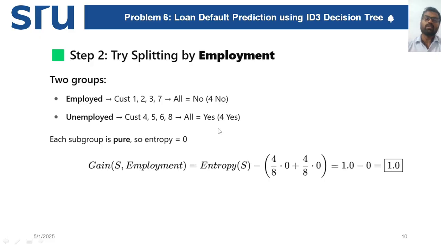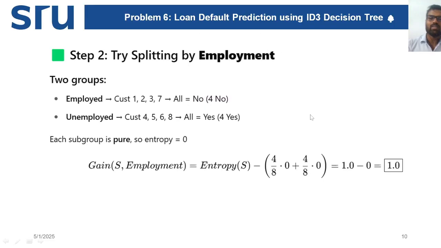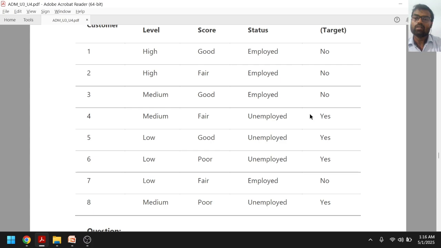All employed are no, and all unemployed are yes. If any of them were different, for example if customer three, an employed person, were a yes, then the employment split would not be good. It would be impure. Now, whatever the employed are, we are looking at yes or no only, because we are looking at what the target is.